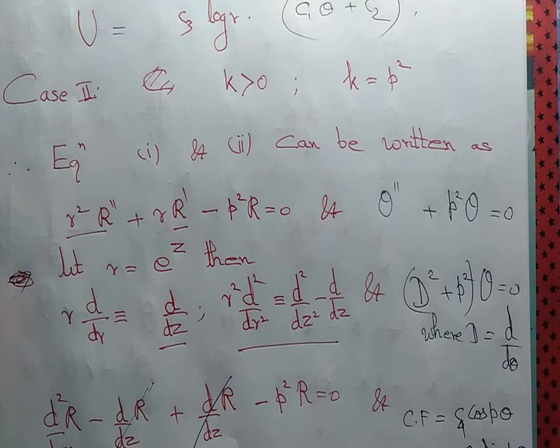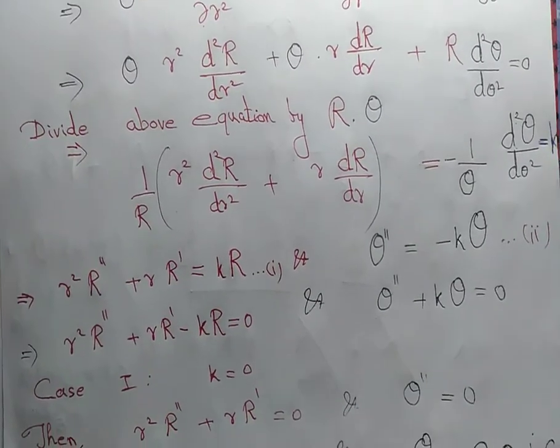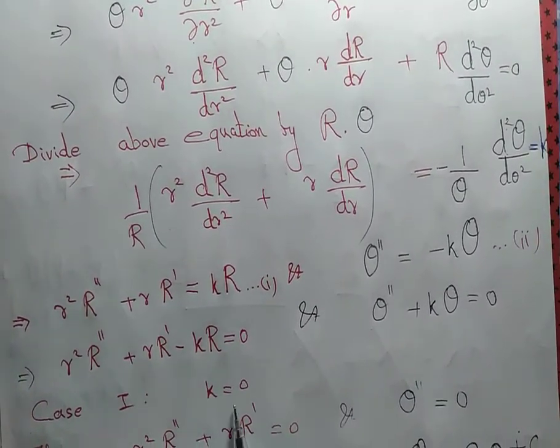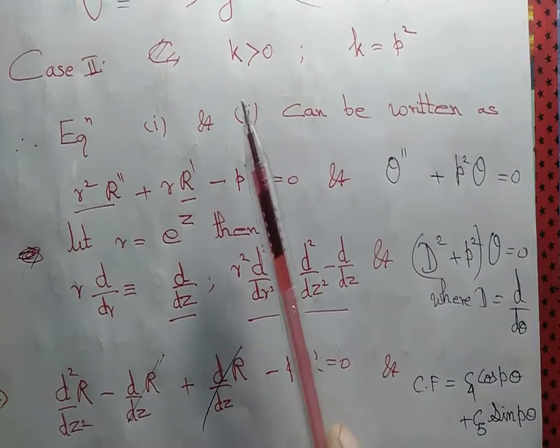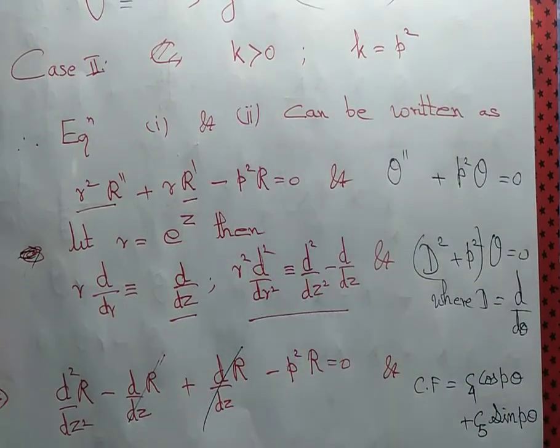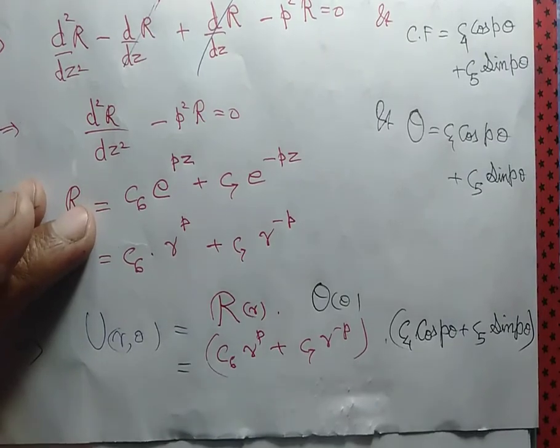What about case 3? First case we took k equal to 0, case 1 k equal to 0, we have it. Second case we took k greater than 0. Then we have another solution.